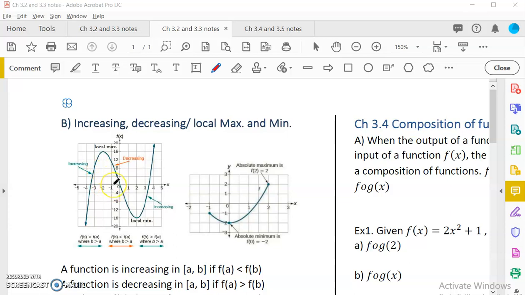There are several aspects that we can relate to if we have a graph, which is to tell people at which x interval. In this case, you can see this graph is going up and down.